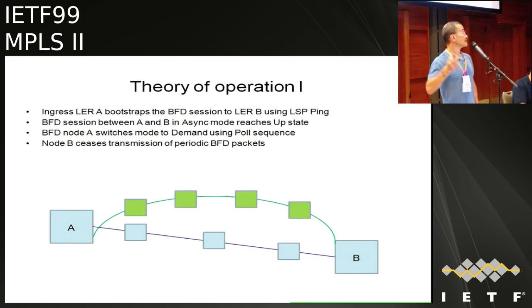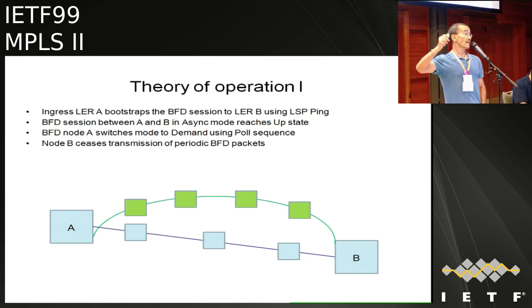Once node A receives the RDI indication from node B, it identifies the session as down, goes to the slow sequence, but maintains the discriminators. So basically node A starts sending very sparsely, usually once a second, BFD control packets, but with all BFD discriminators.